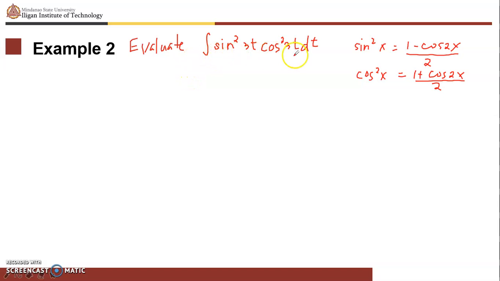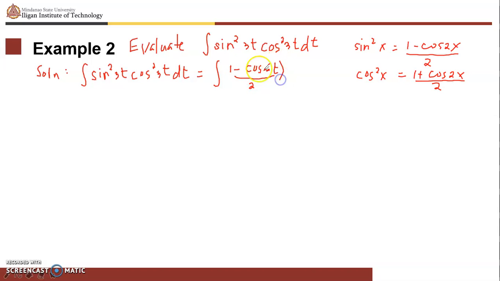Now, we have to rewrite this. So the solution would be as follows. That is the integral of sine squared 3t times cosine squared 3t dt equals, you rewrite sine squared 3t as the integral of 1 minus cosine of 6t all over 2. Why 6t?